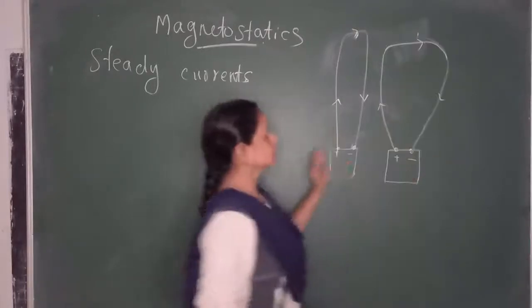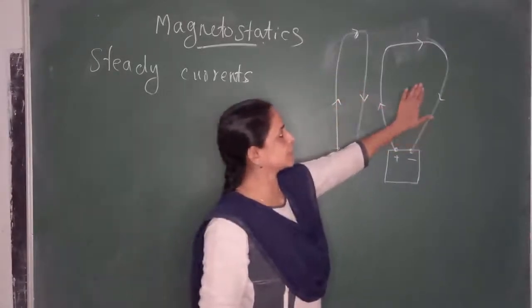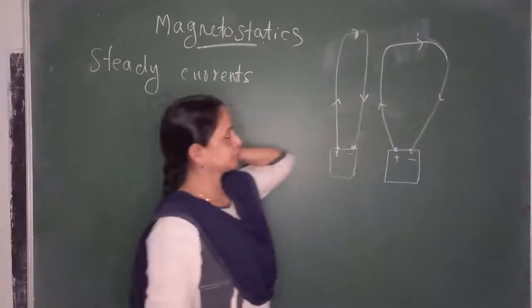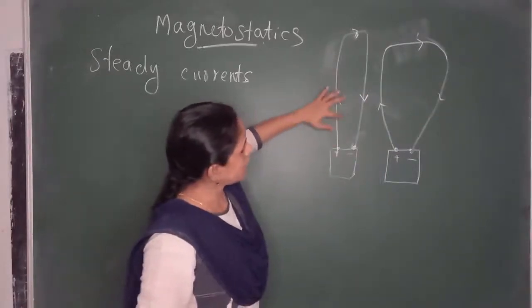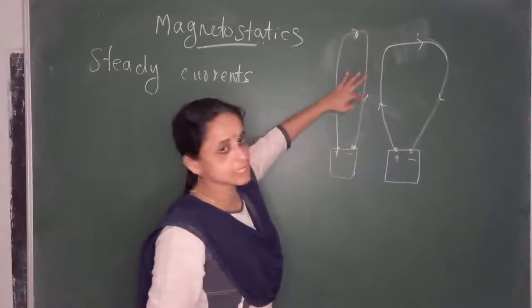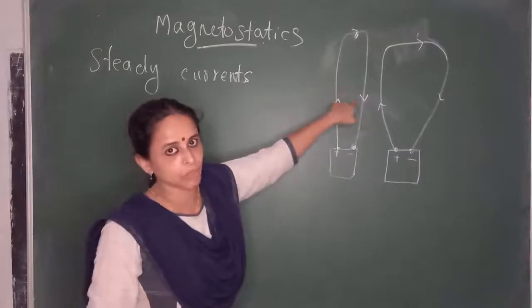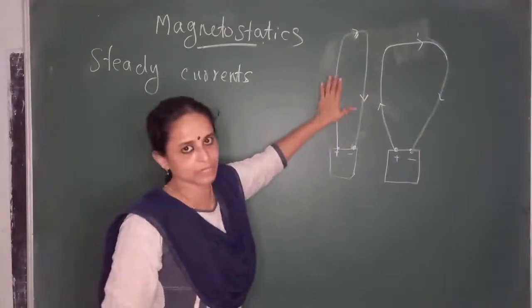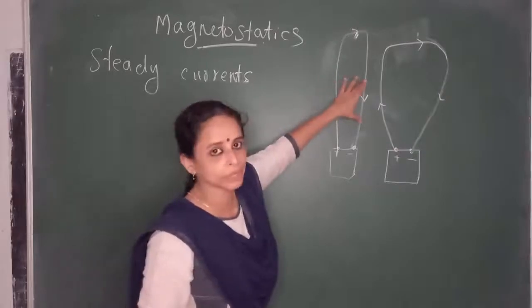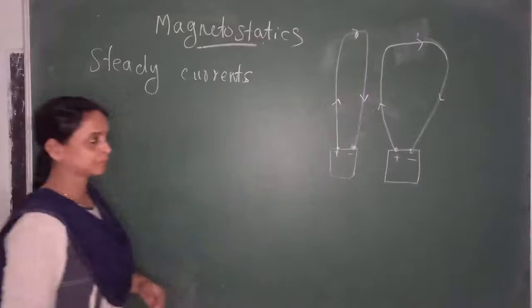The current in this section of the wire is in the upward direction, and in this section it is in the downward direction. So the currents are in opposite directions in wire 1 and wire 2.